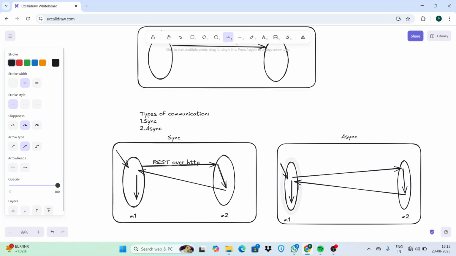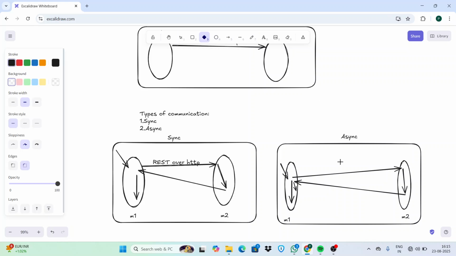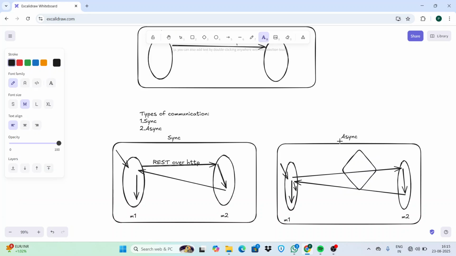And the further execution based on that response should then be processed or executed by this M1. This is asynchronous communication. So for this asynchronous communication, there are message brokers available.